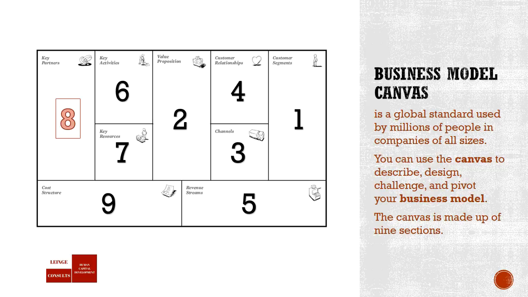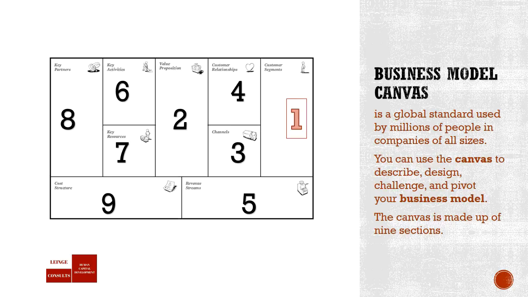Now, I think that there is no absolutely right or wrong way to start using the canvas. You just need to understand the canvas and the way it suits your business for you to be able to know that this is the place I'm going to start. But for this lesson, and so far for the businesses I have mentored and also for my business, I choose to start with number 1, the customer segment.